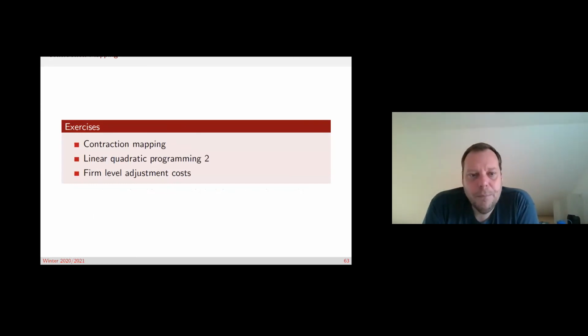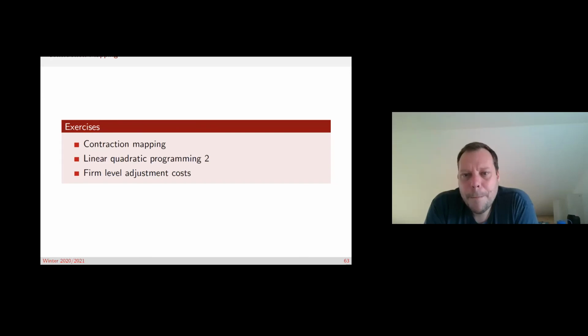And then we have two numerical exercises, although I think the linear quadratic programming problem has no iteration involved. There we just determine parameters, no? I can't remember correctly. Well, it's a bit hidden.